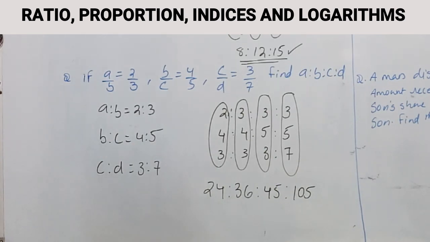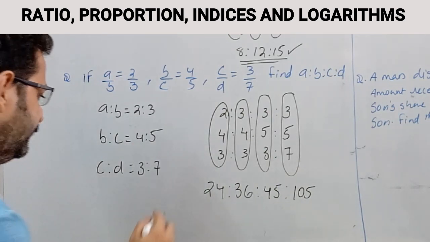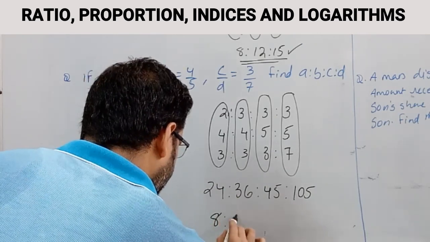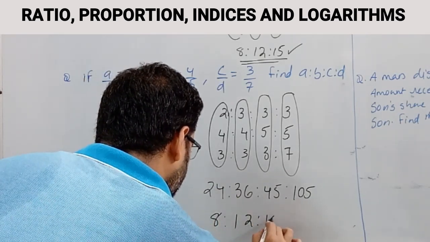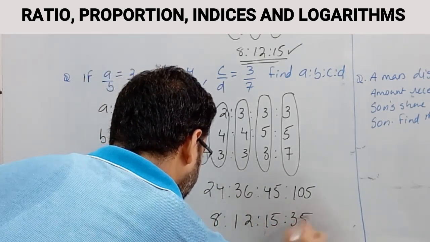All are divisible by 3. Therefore, we will get the answer as 8 is to 12 is to 15 is to 35.